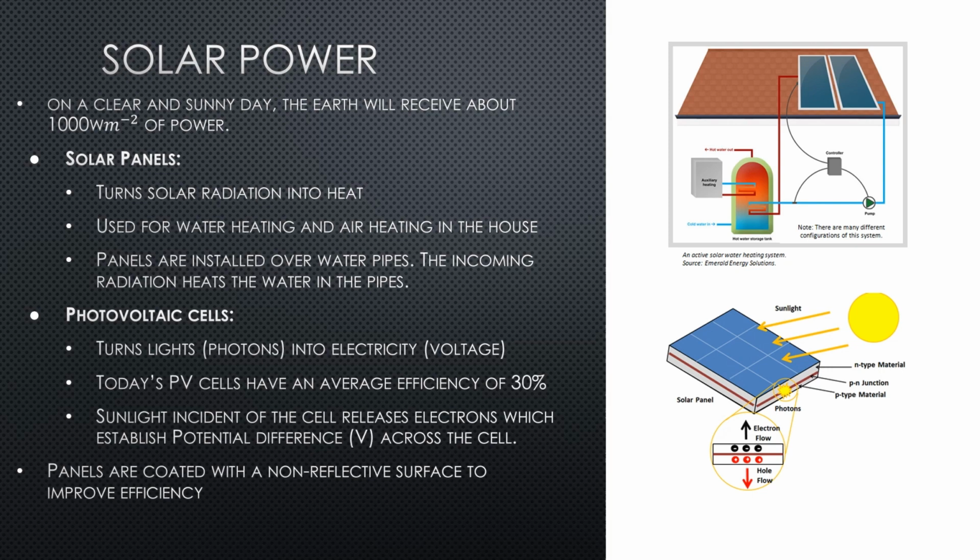And we harvest solar power through solar panels and photovoltaic cells. They're two different things actually. They're similar but a little different. Here we have solar panels, and it collects the radiation from the sun and it turns it into heat. And so it's used for water heating or air heating in the house, but it does not convert it into electricity.